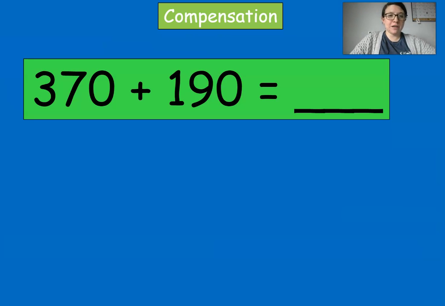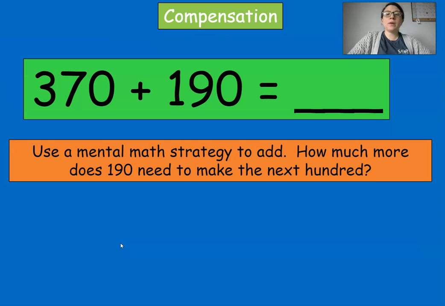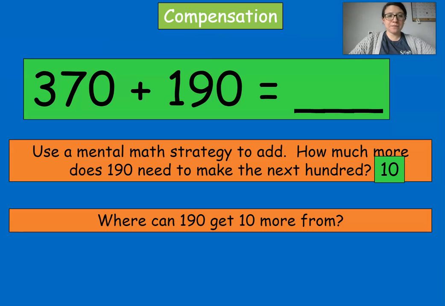All right, let's try another one. 370 plus 190. Which number is closer to its next 100? Awesome. And how many more does 190 need to get to its next 100? 10. Very good. Where are we going to get that 10 from? 370. Excellent work. Now, what's our new number sentence going to be?